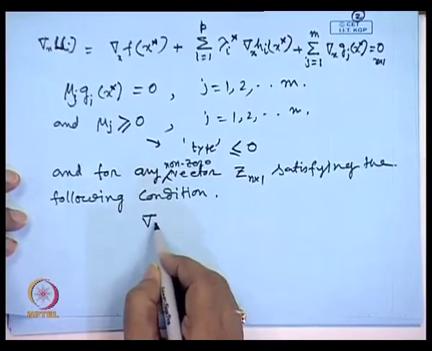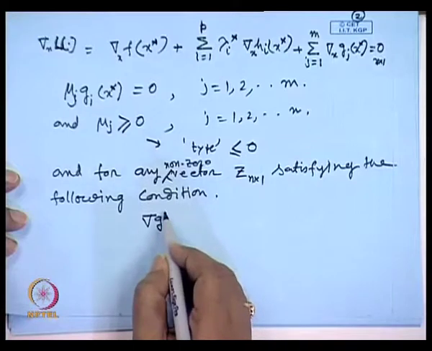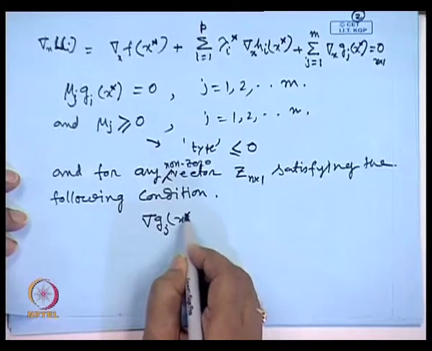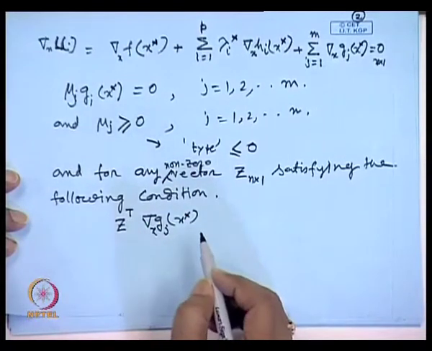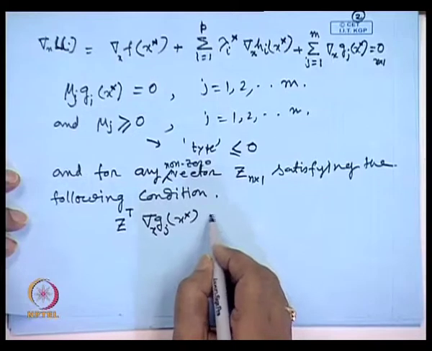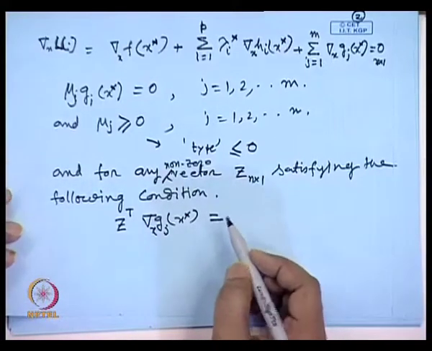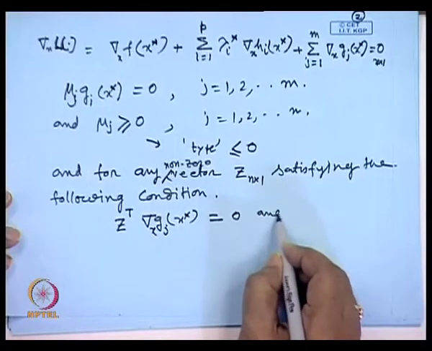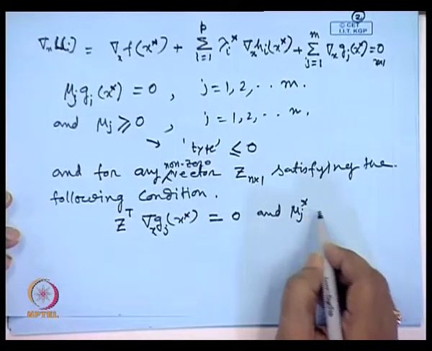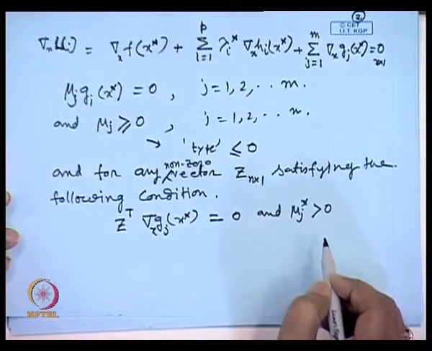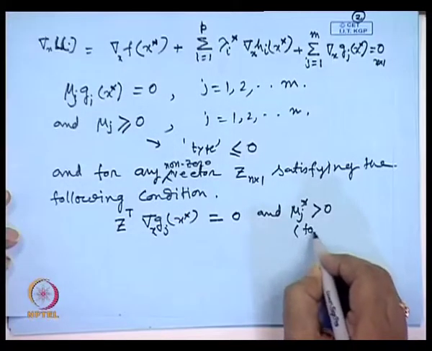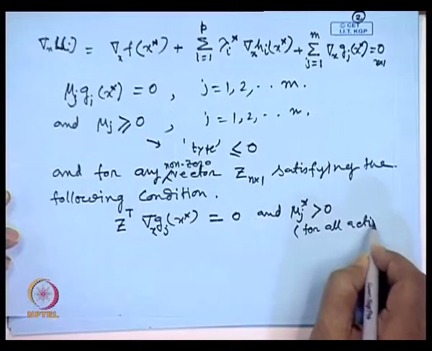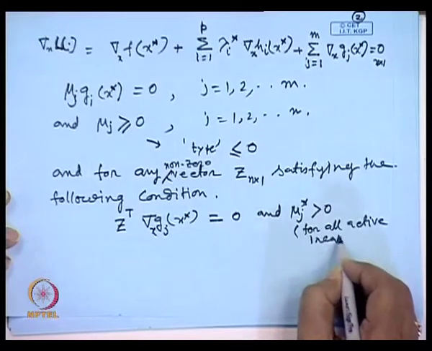The gradient of g_j at x star with respect to x, multiplied by z transpose, must be equal to 0, where mu j star is greater than 0, for all active inequality constraints.